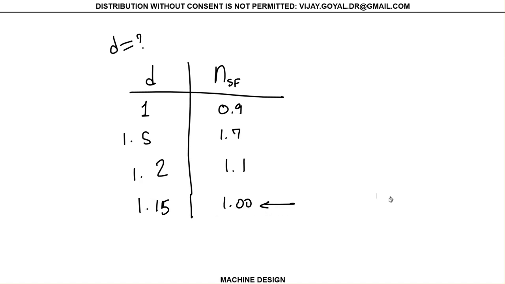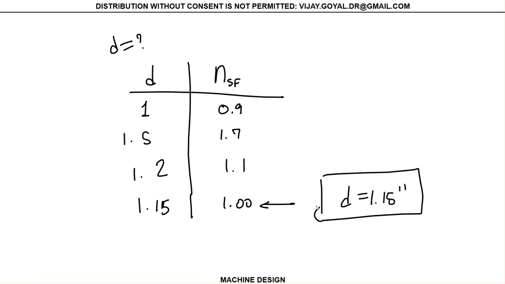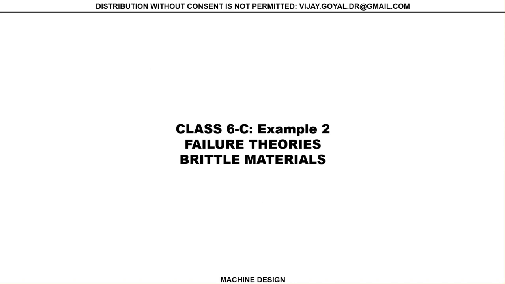So then you say, then your optimum diameter, the minimum diameter for your problem is 1.15. It's the one that actually gives you the smallest possible weight, and it meets your failure criteria that you're using for your design. Okay, so this is how you will actually do these problems, and this completes example number 2.